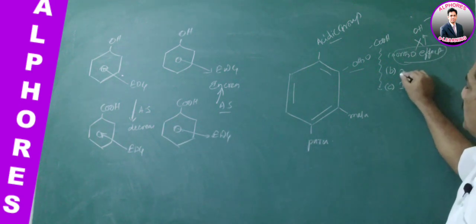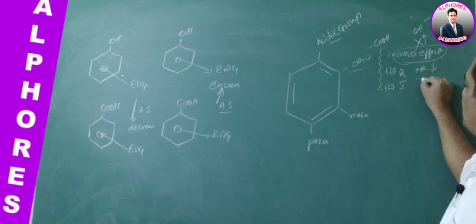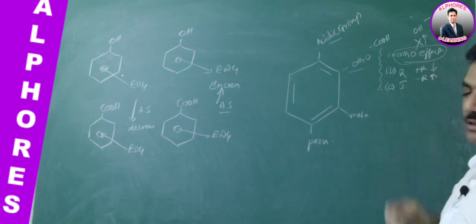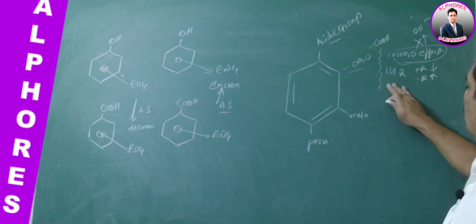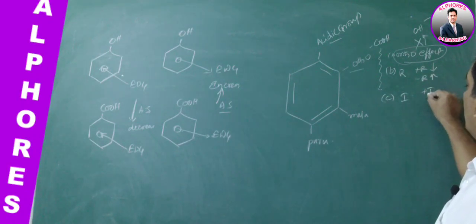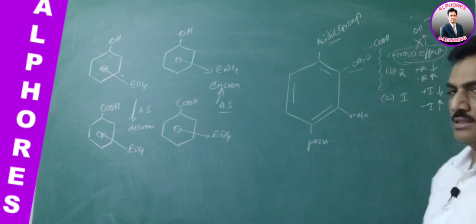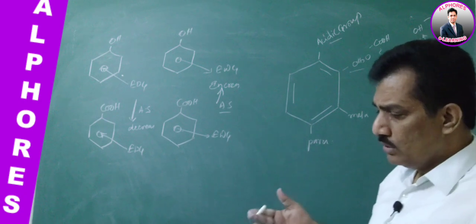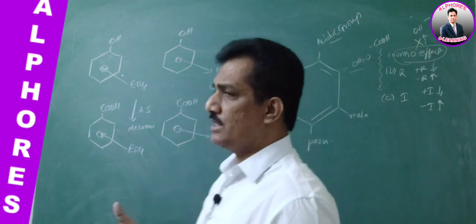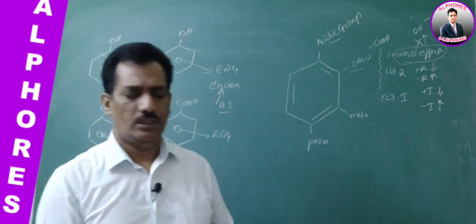Just remember, if it is plus R, acidic strength decreases. If it is minus R, acidic strength increases. Similarly, in case of the inductive effect also, if it is plus I, acidic strength decreases; minus I, acidic strength increases. You have to consider whether it is a plus R or minus R group. And now let me give the ortho effect.